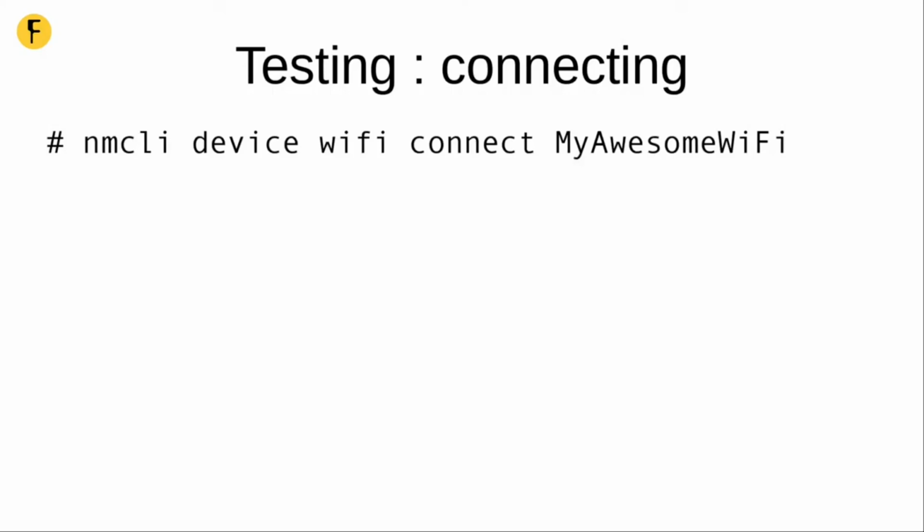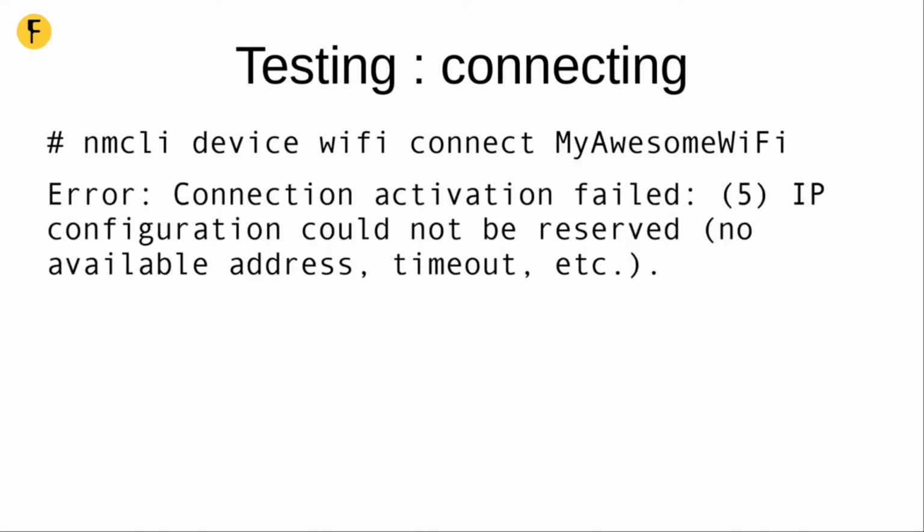We can connect from the command line with a command like this. And what happens? That. Connection activation failed, IP configuration could not be reserved, no available addresses, timeout, etc. So what could it mean?